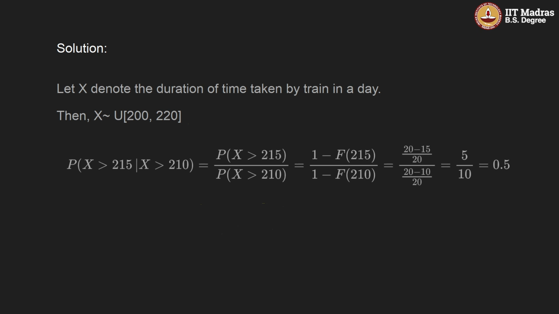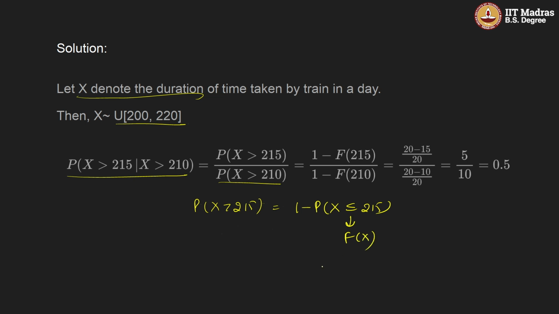So we have been given that x denotes the duration of the time taken by train in a day, and it is following a uniform distribution from 200 to 220. Now we have to find this probability, and this is equal to this. Now the probability of x greater than 215 can be written as 1 minus the probability of x less than or equal to 215, and this is the CDF, and I can write it as F(215).